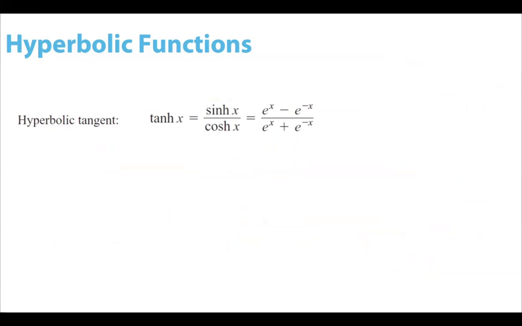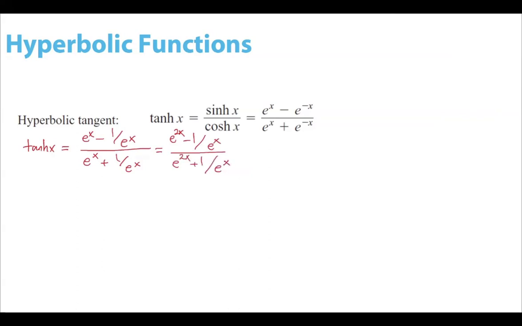As usual, we can rewrite this using algebra. So hyperbolic tangent can also be written as e to the x minus 1 over e to the x, divided by e to the x plus 1 over e to the x. If you take a common denominator, you get e to the 2x minus 1 divided by e to the x, and e to the 2x plus 1 divided by e to the x.